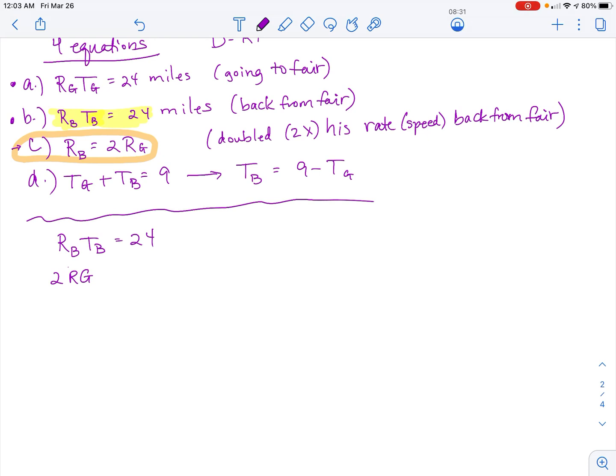And for T sub B, look here. This is going to be very nice. For T sub B, we're going to substitute in 9 minus T sub G, equals 24. Now let's do the distributing here. We have 18R, whoops, that should be a tinier G. That should be a subscript.